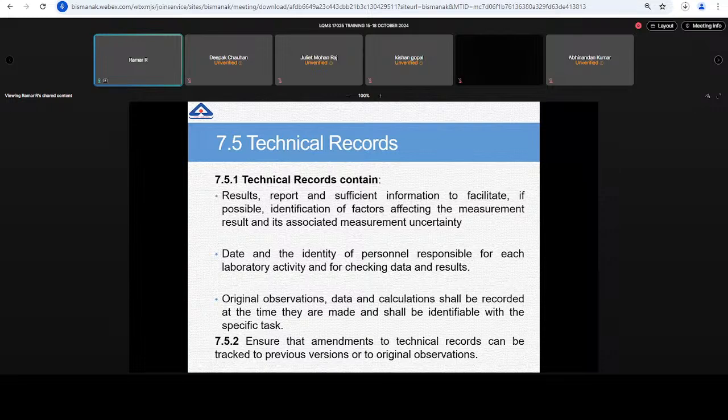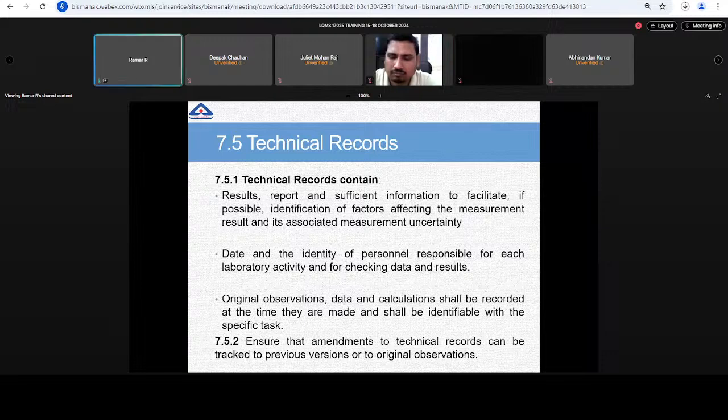Original observations, data, and calculations shall be recorded at the time they are made and shall be identifiable with a specific task. So you have to record your original observations, calculations and everything.